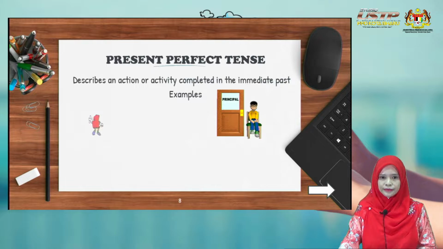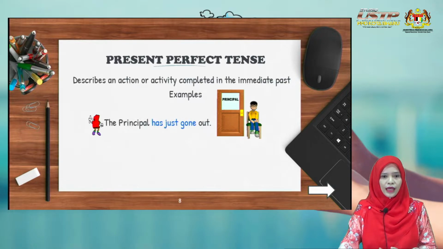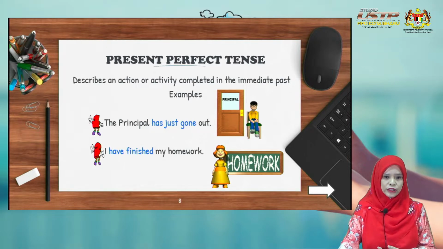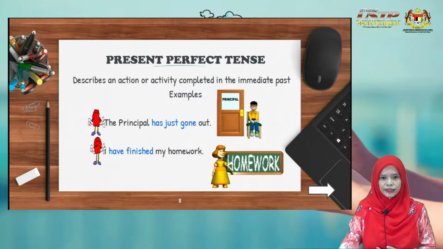Examples: The principal has just gone out. The present perfect tense used there is has just gone. I have finished my homework. The present perfect tense used there is have finished.